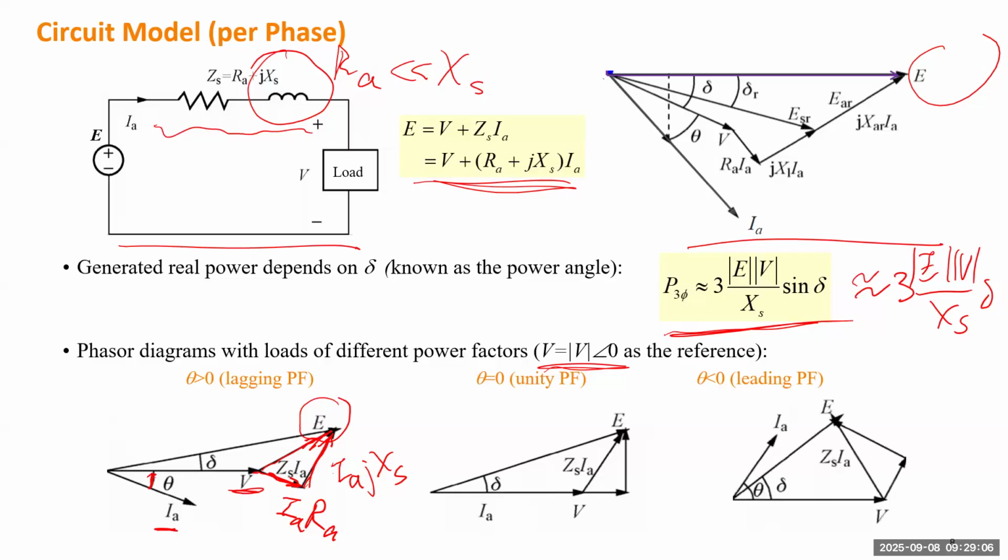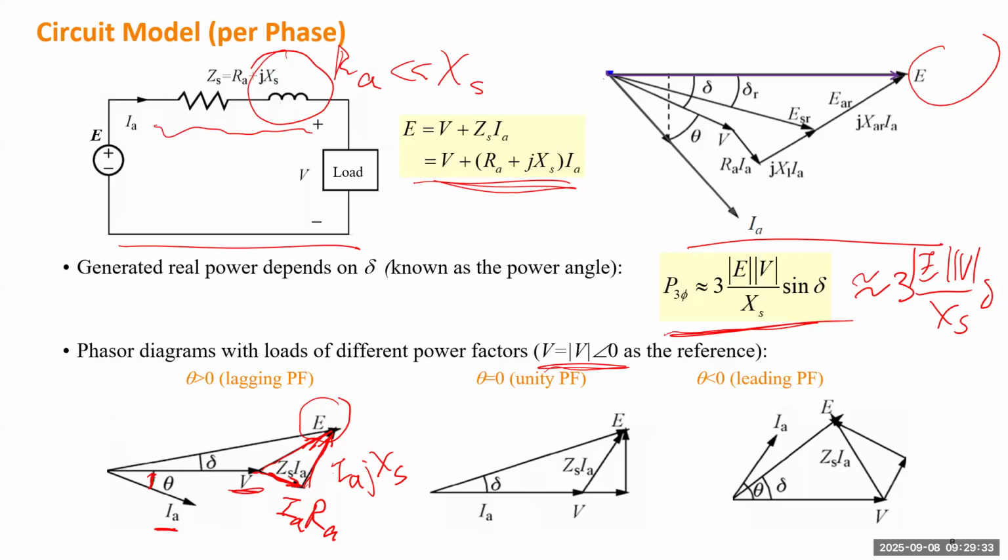You cannot have the generator inside modeled as capacitance. For leading power factor load, that case can be more complex, but let's just draw an extreme case where E is shorter than V. When theta becomes negative, it means the current is leading the voltage by theta. If we define the direction of lagging angle as positive, in this case it will be a negative angle.